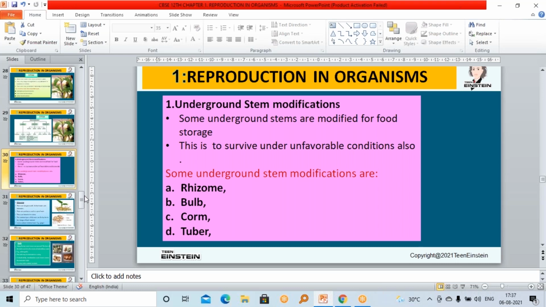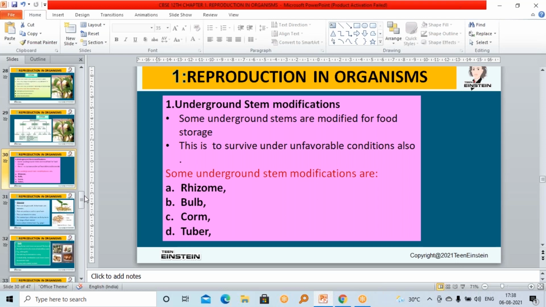What is perennation? Hope you know that. It's nothing but the ability of an organism to survive from one germination season to another. They do that during unfavorable conditions. So whenever unfavorable conditions come, to survive them, plants undergo stem modifications. That is called perennation.